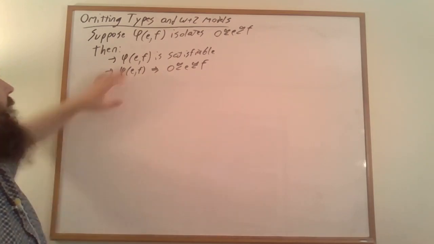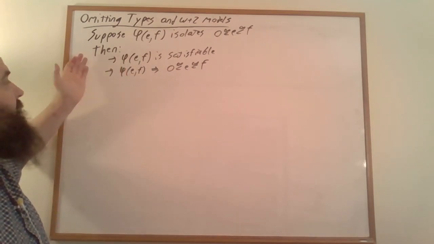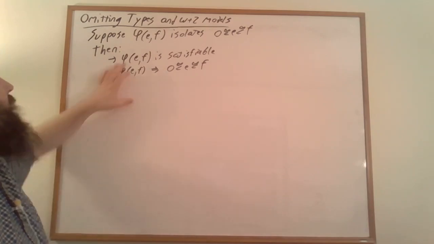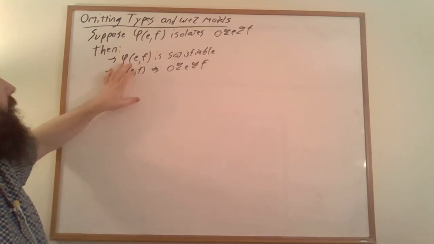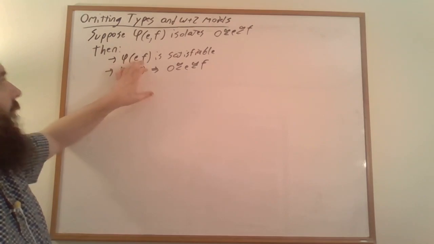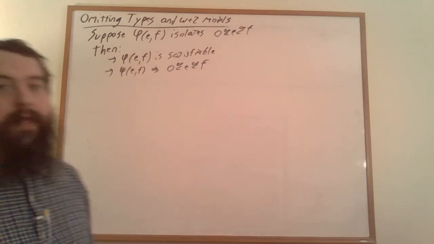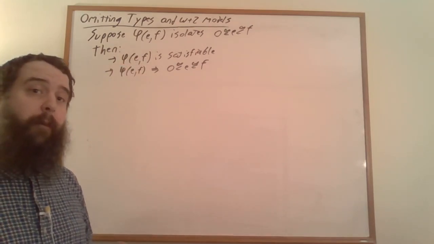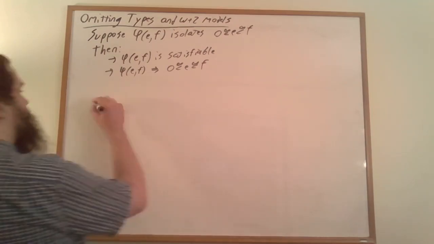It has to be the case that there is at least some model, maybe not all models, but at least some model in which phi is actually true of some pair of elements. So let's take a look at that model where phi is satisfied.